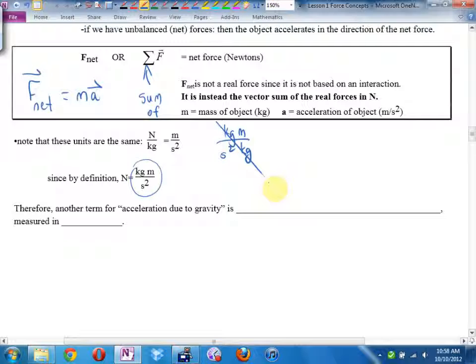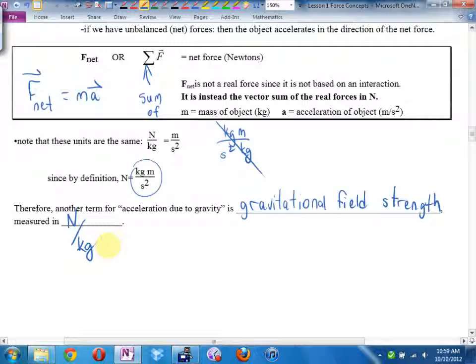So another term for acceleration due to gravity is gravitational field strength. Measured in newtons per kilogram.